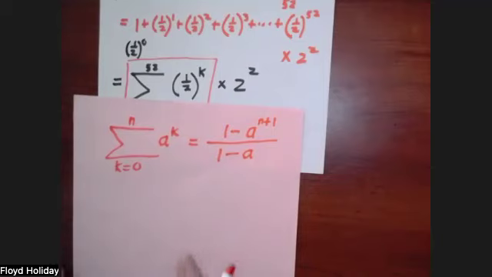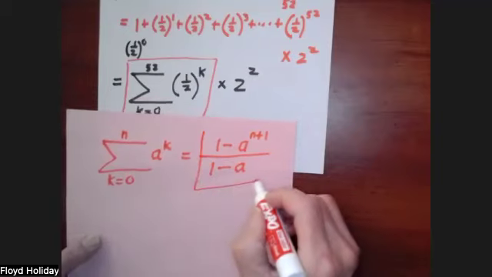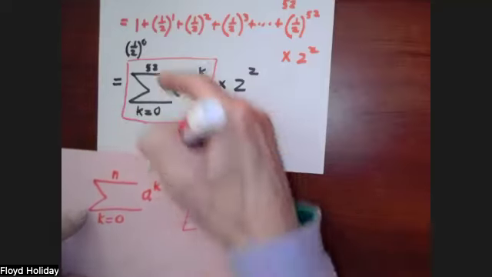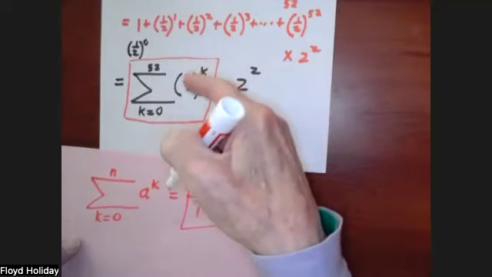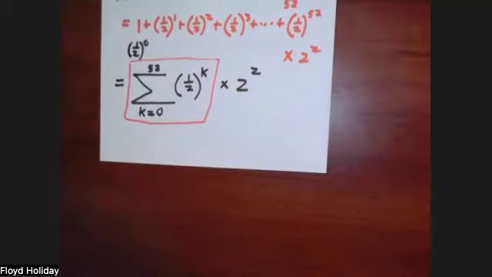It could be anything. So someone else has figured this all out. We want to use this one. In our case, the n is a 52, and the little a is a half. So it solves the puzzle.